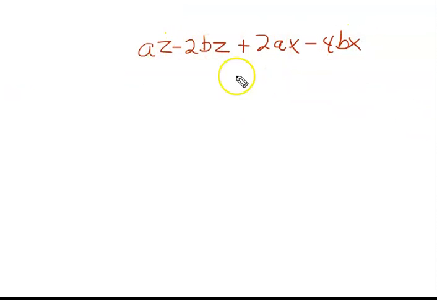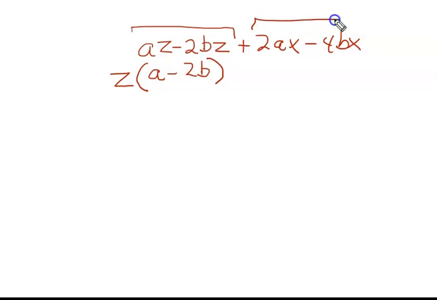So let's go to the whiteboard. Now I see a z there and a z in this term, so that looks good. And an x and an x in this term. Okay, and I could see what I could factor out now from the first two terms. Well, it looks like a z. And then I'm left with an a minus 2b here.